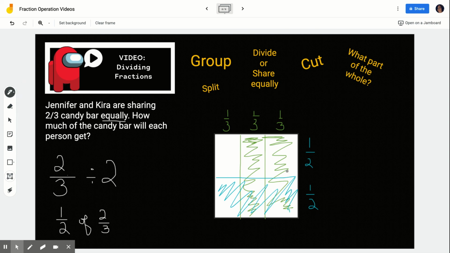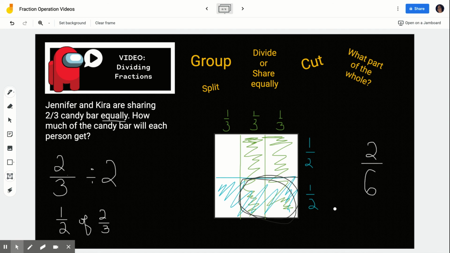And last, I'm going to look at this model and determine which parts to the whole have overlapping shading. And that is 2 of the parts to the whole here. So 2 out of 1, 2, 3, 4, 5, 6. So 2 out of 6.